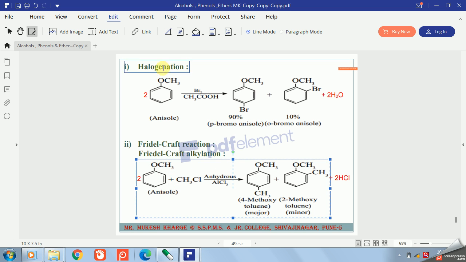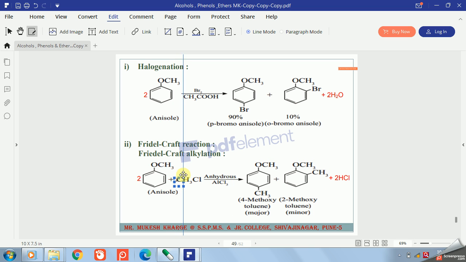And write down here 2 moles of, we have to take 2 moles of methyl iodide.